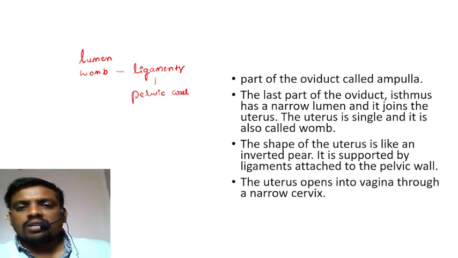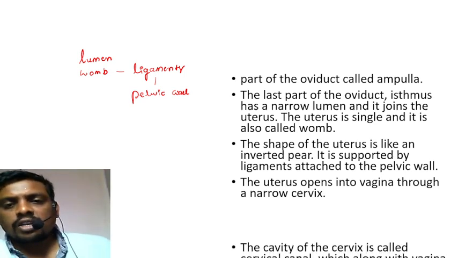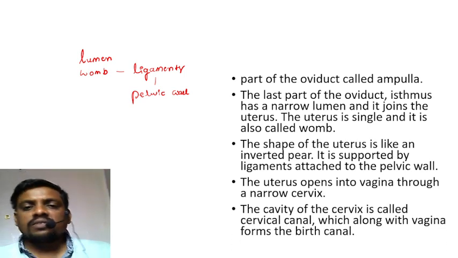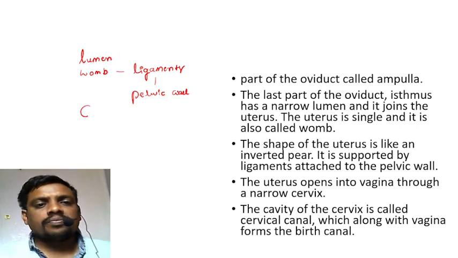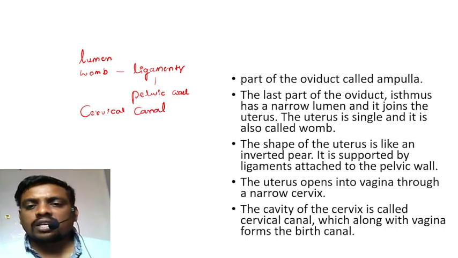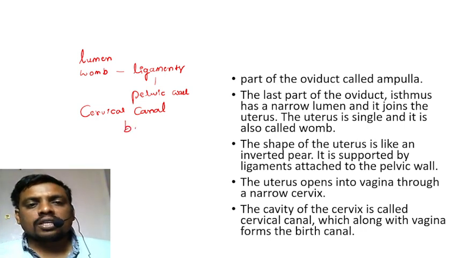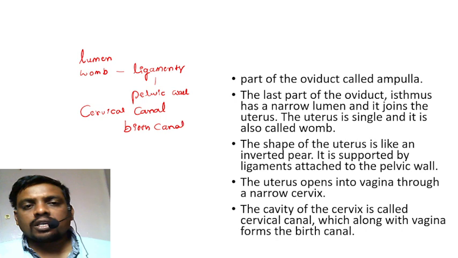In fact, the uterus opens into the vagina through a narrow cervix. The cavity of the cervix is called the cervical canal. This cervical canal, along with the vagina, forms the birth canal.